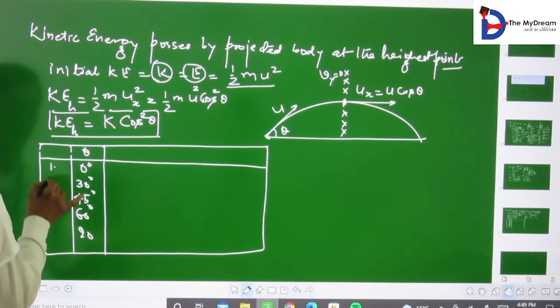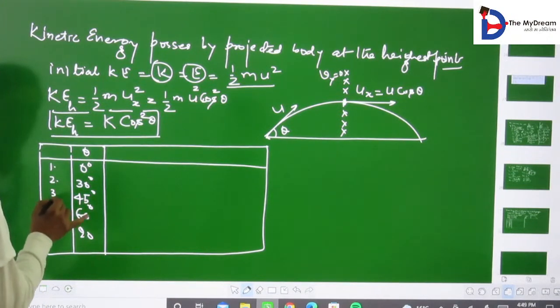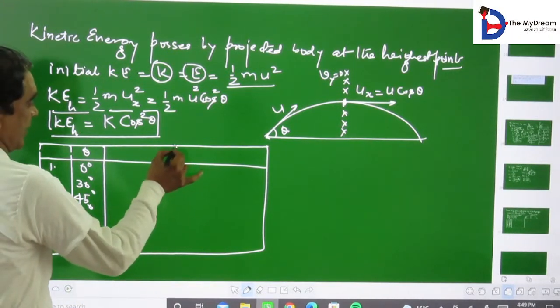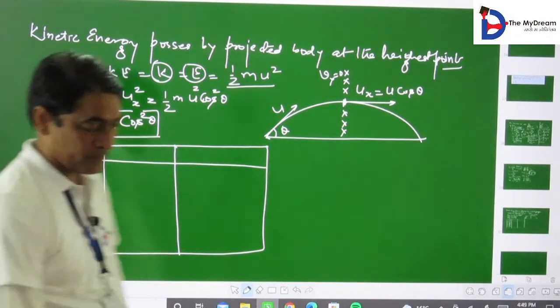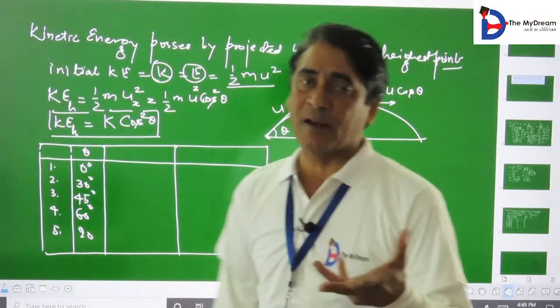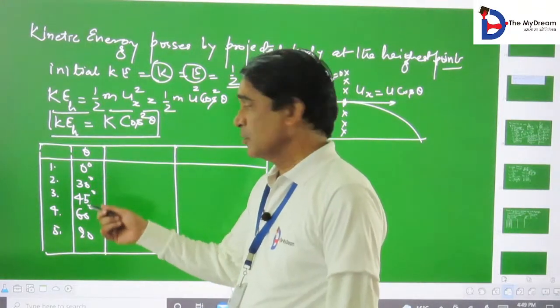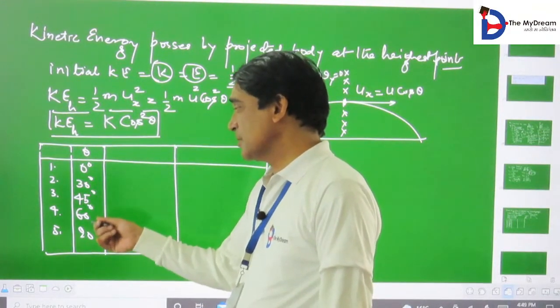So serial 1, 2, 3, 4 and 5. And you want to discuss the kinetic energy at the highest point. These are the different angular projections given to you. Say theta is equal to 0, 30, 45, 60 and 90.